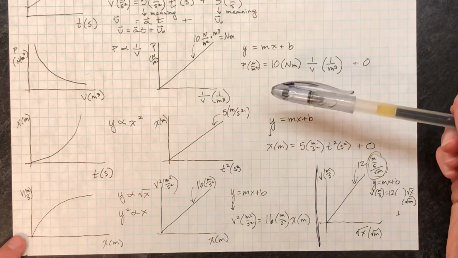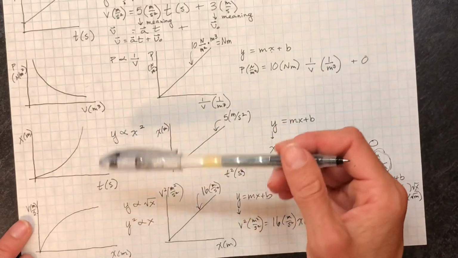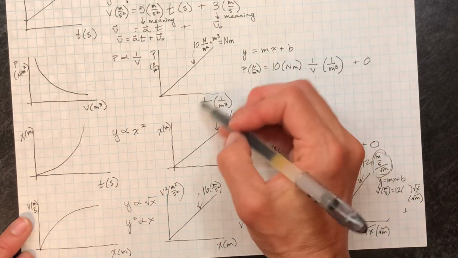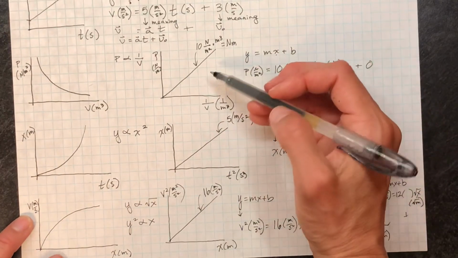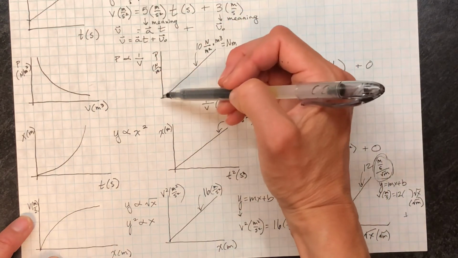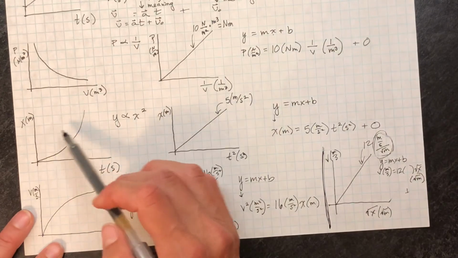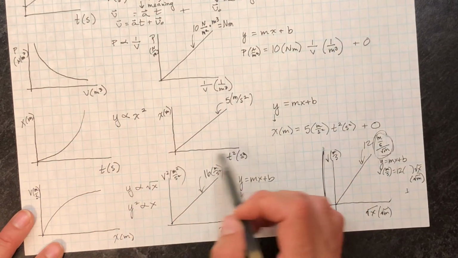What you need to know and what you need to study is that if the shape is like this, if you have a hyperbola, you're going to take the inverse of the x values and regraph it to linearize it. Or you could do the inverse of the y. Usually we do the inverse of the x. Then if you have a top opening parabola, you're going to square all of your x values.